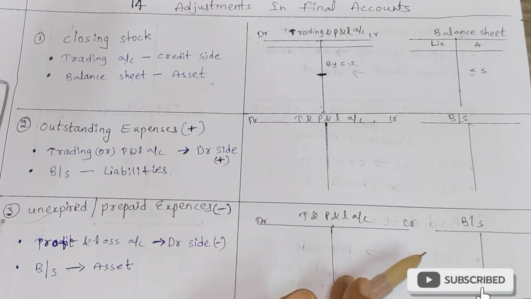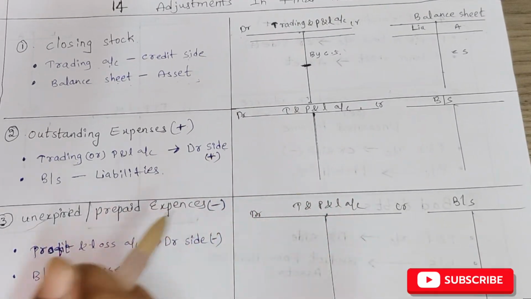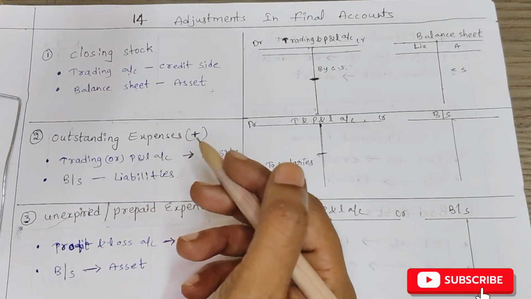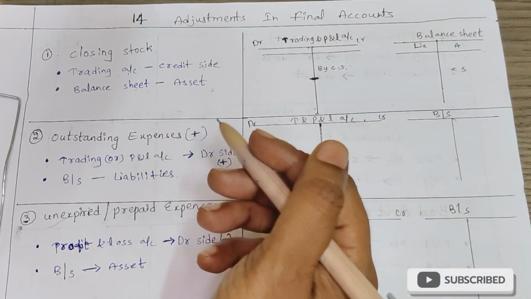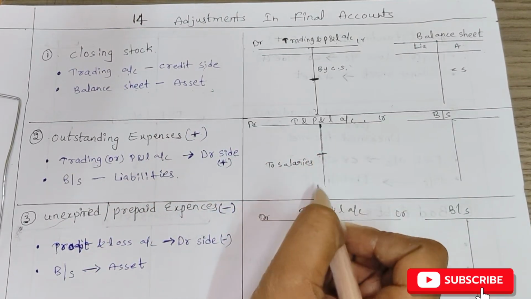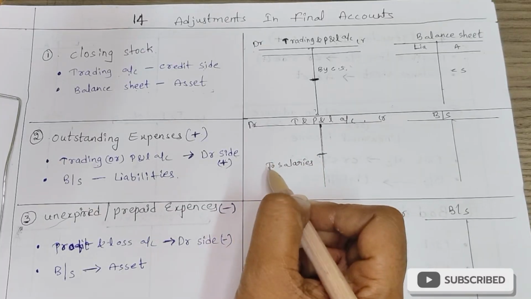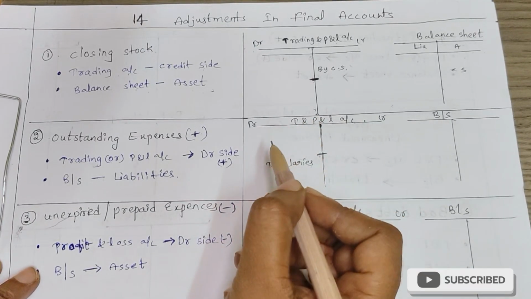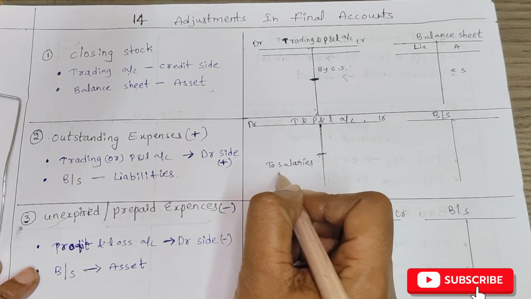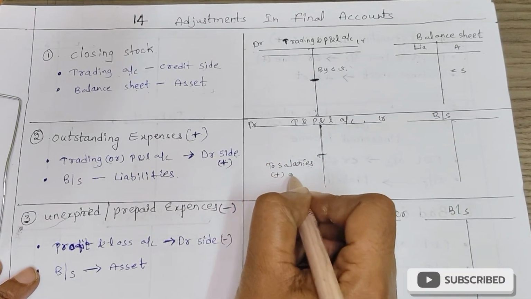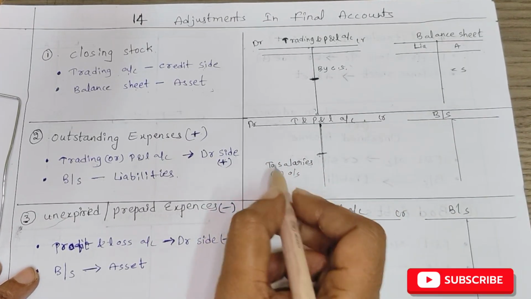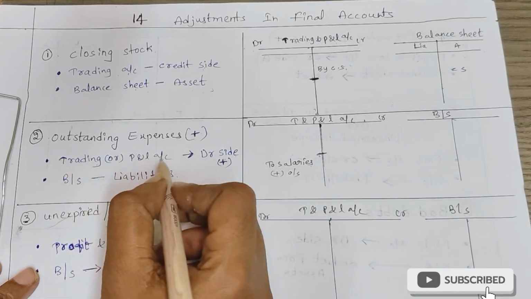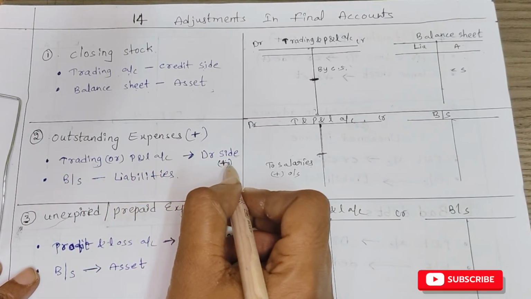For example, outstanding salaries. Salaries is an expenditure that is available on the debit side of the profit and loss account. So from here onwards we have the profit and loss account. On the debit side we have salaries available. For these salaries, if you have outstanding salaries in the adjustment, that should be added here. So for trading or profit and loss account debit side we need to add.